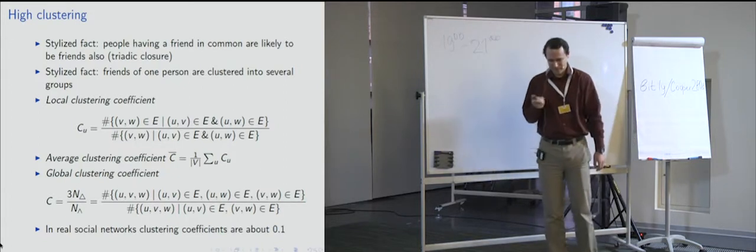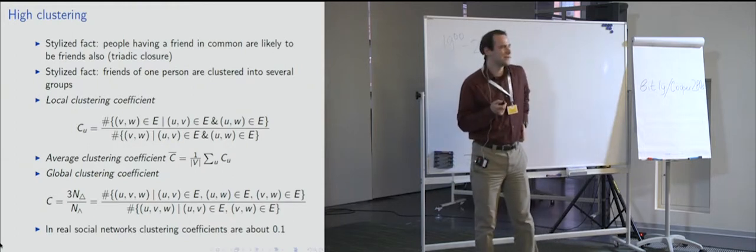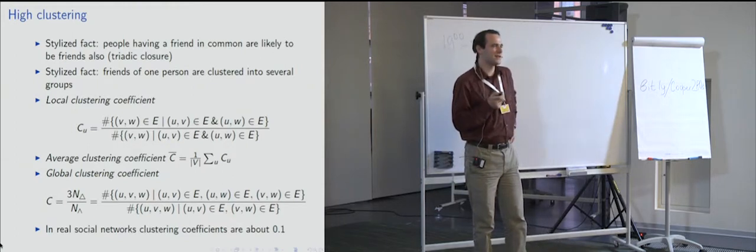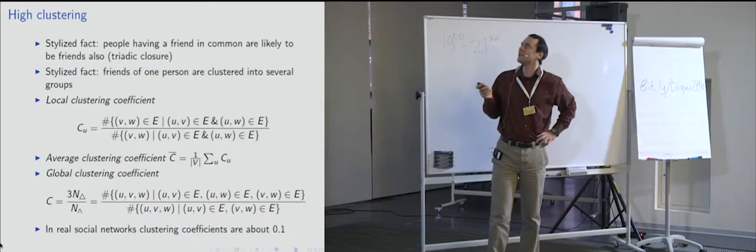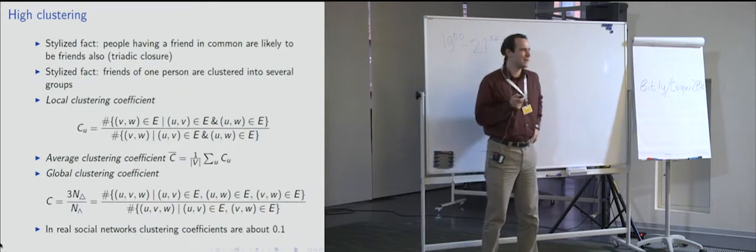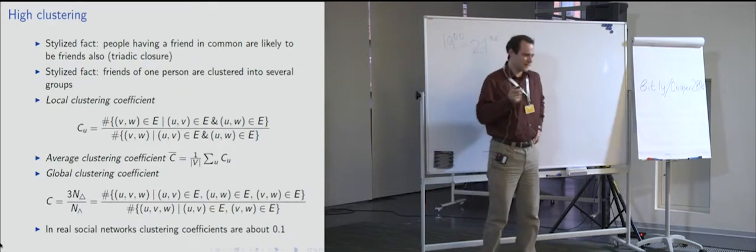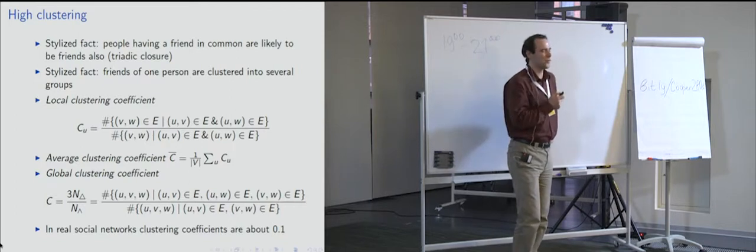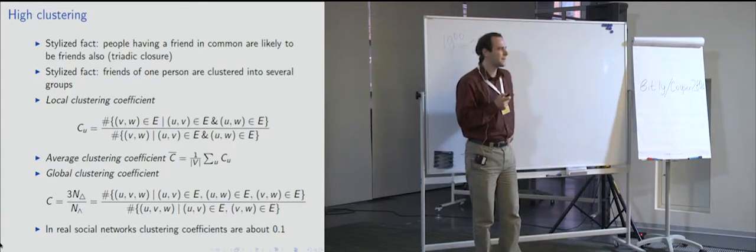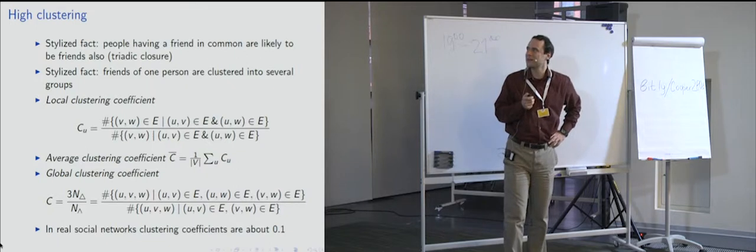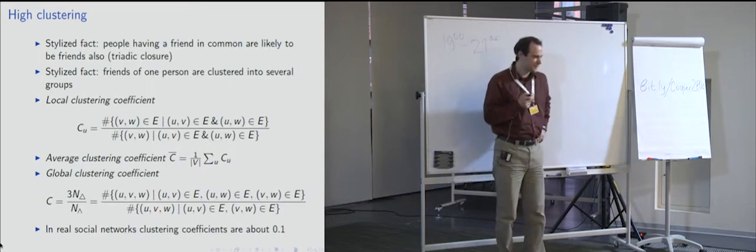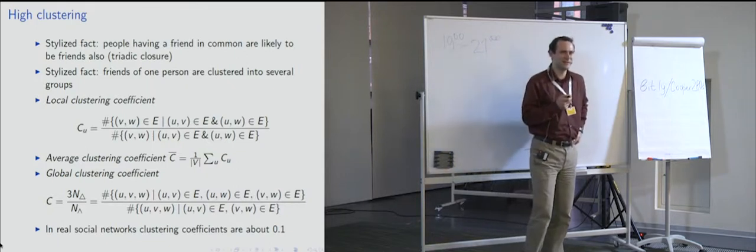Loosely speaking, the clustering coefficient measures the number of triangles. The local clustering coefficient measures the number of triangles among neighbors of one vertex, and the global clustering coefficient measures the number of triangles in the whole graph.